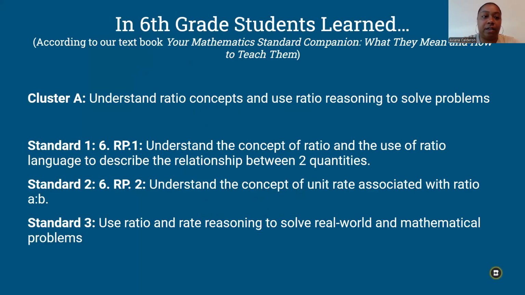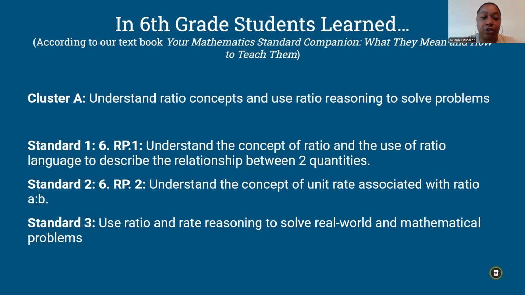Previously, in sixth grade, students learned according to our textbook, Your Mathematics Standard Companion, what they mean and how to teach them. We have cluster A, which is understand ratio concepts and use ratio reasoning to solve problems. Under cluster A, we have 3 standards. Standard 1 would be 6RP1, which is understand the concept of ratio and the use of ratio language to describe the relationship between two quantities.